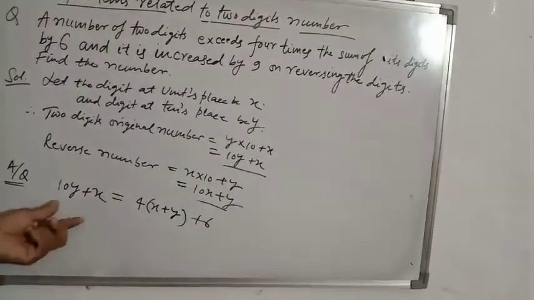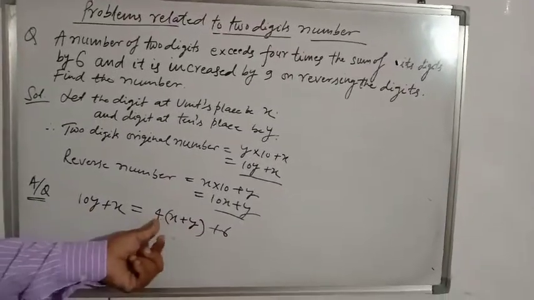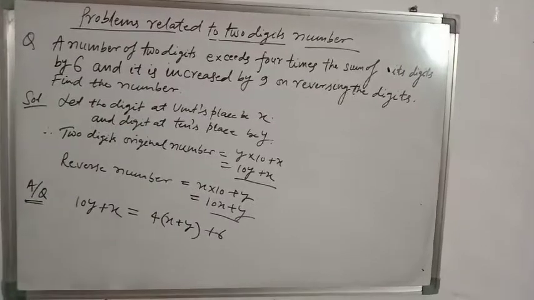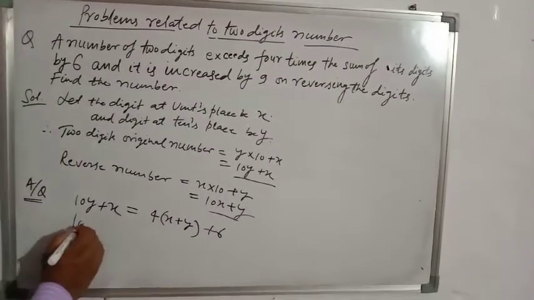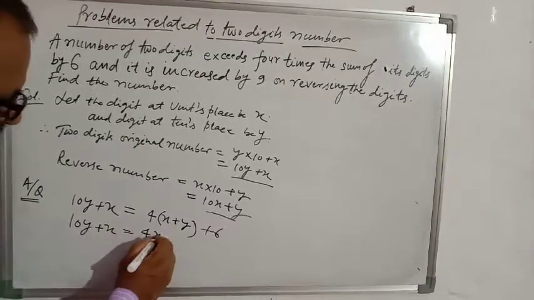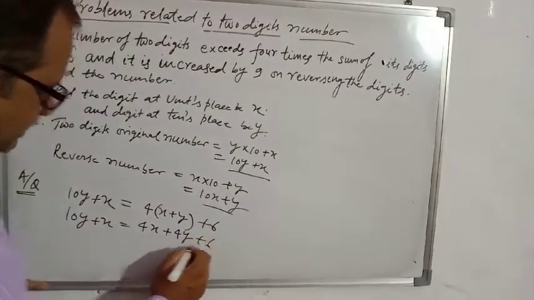So this original number is 6 greater than 4 times the sum of digits. This is the first statement. Simplify: 10y plus x equals, open this bracket, 4x plus 4y plus 6.